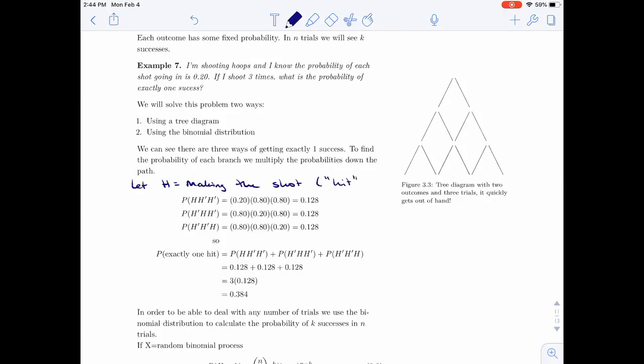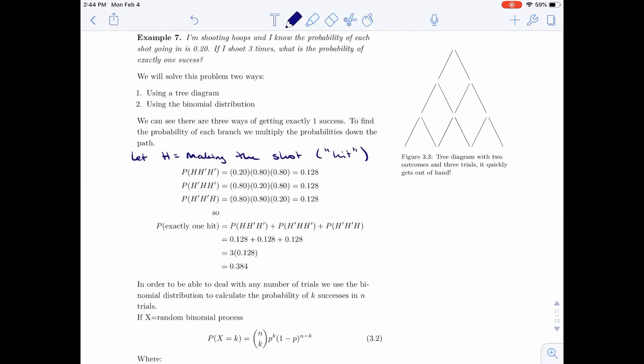Like, I hit it. Clearly, I don't shoot hoops. And see my little mix up here? I got sloppy. I did the H prime, but H prime is just the complement of H.